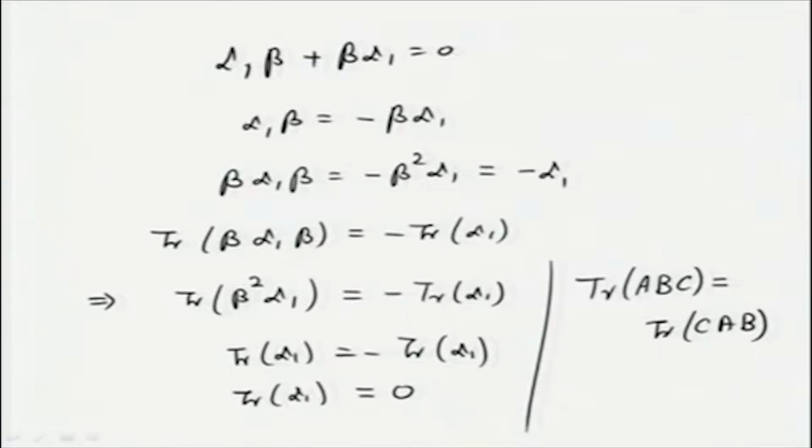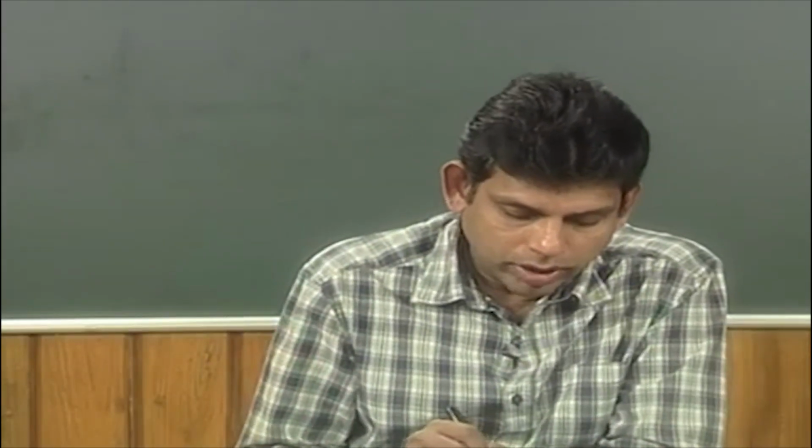So, the trace of all of these is equal to 0. Now, what does that tell us? The eigenvalue is either plus 1 or minus 1. Trace.